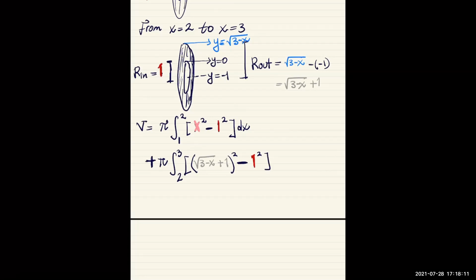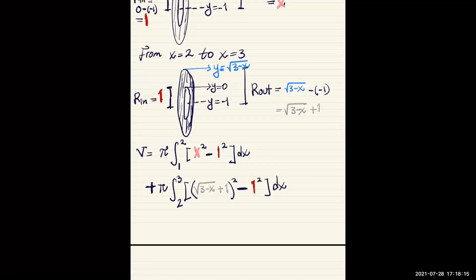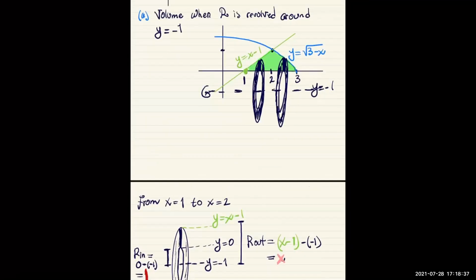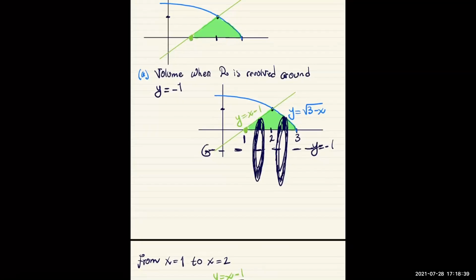So this is a heck of an integral. It's so much calculation to do. This integral is not that bad, but this one, oh man, you gotta square this thing out, and then you have to do a substitution rule. No one wants to do that. So guess what?